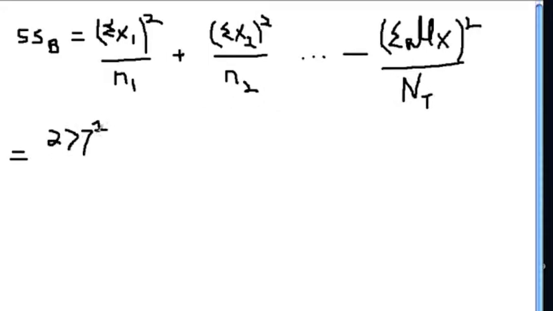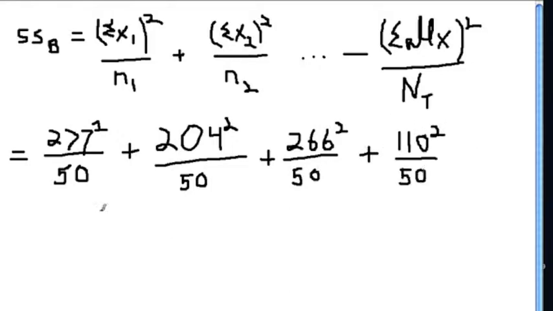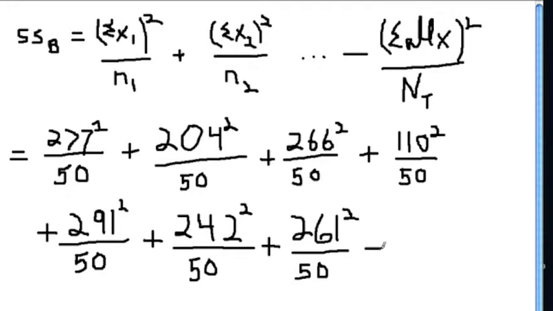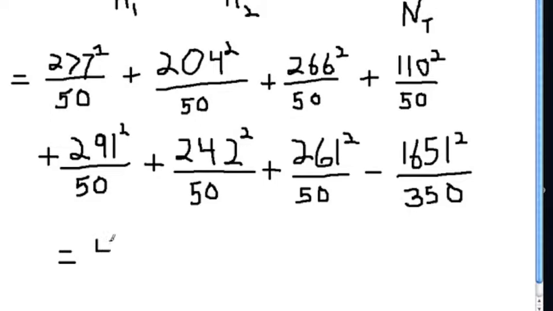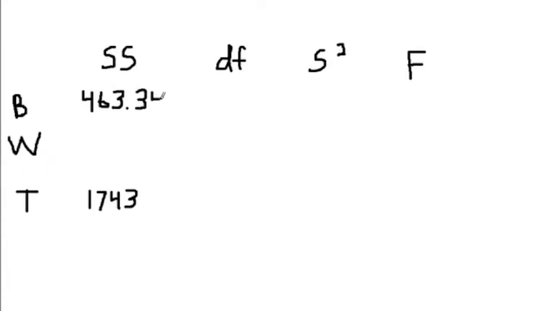So when we plug in the numbers, we're going to get 277 squared over 50 plus 204 squared over 50 plus 266 squared over 50 plus 110 squared over 50 plus 291 squared over 50 plus 242 squared over 50 plus 261 squared over 50 minus 1651 squared over 350. Crunching through those numbers, I get 463.34, and I'm going to write it over in the chart, but you should be checking these yourself.